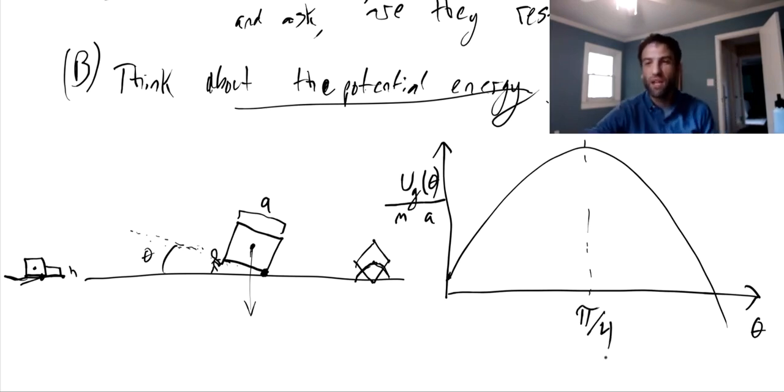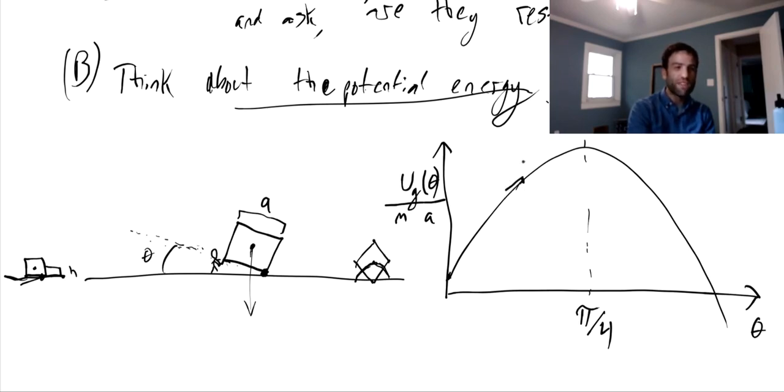Okay, pi over 4. So it turns out that the way this system will behave is that if I let go at any point, like let's say I lift it up this much, to this angle, the block will try to move in such a way to reduce its potential energy as fast as possible. And so if I'm on this side of this kind of hill of potential energy, that means the block will move this way.